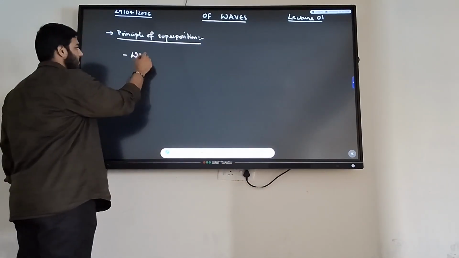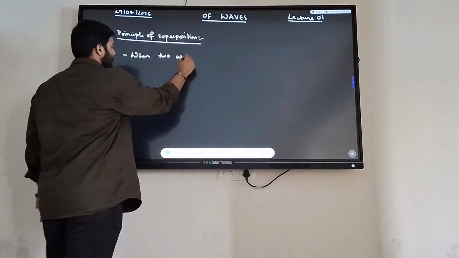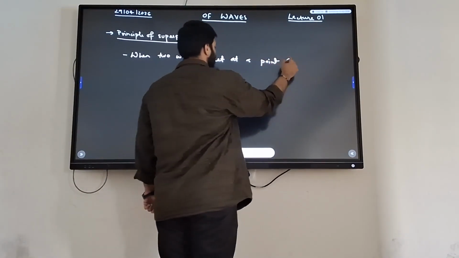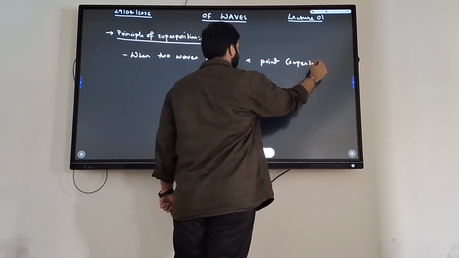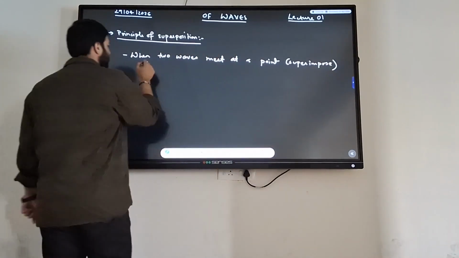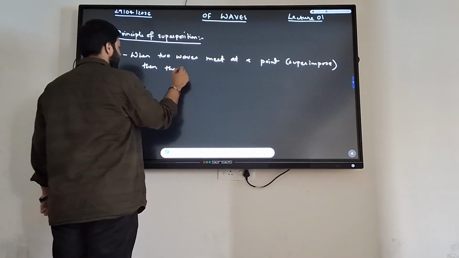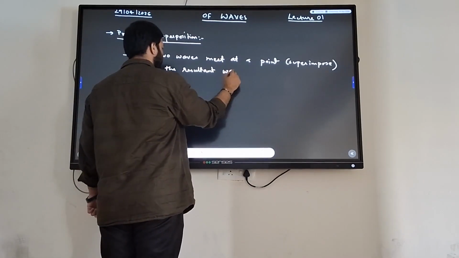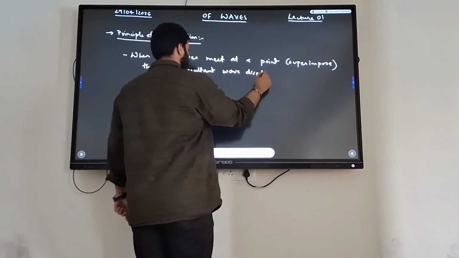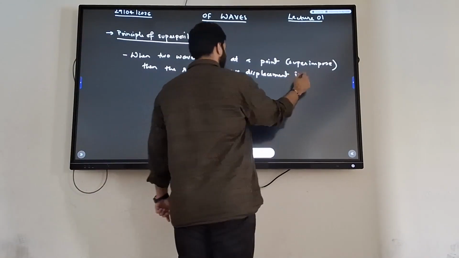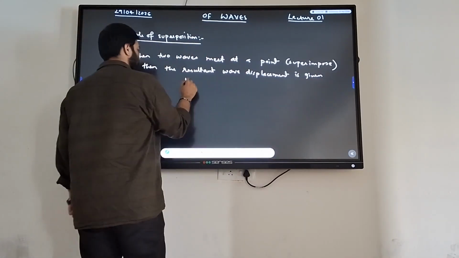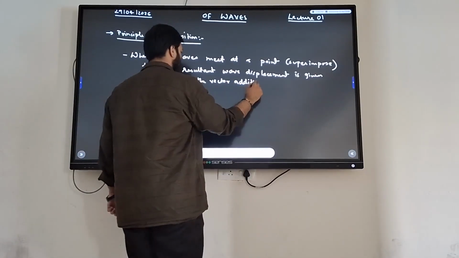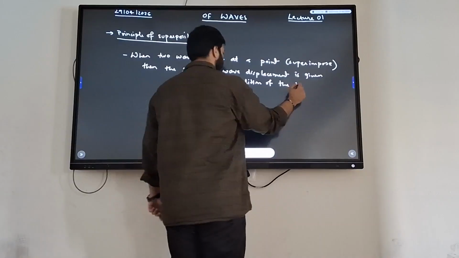When two waves meet at a point, basically superimpose, then the resultant wave displacement is given by the vector addition of the initial two waves' displacement.